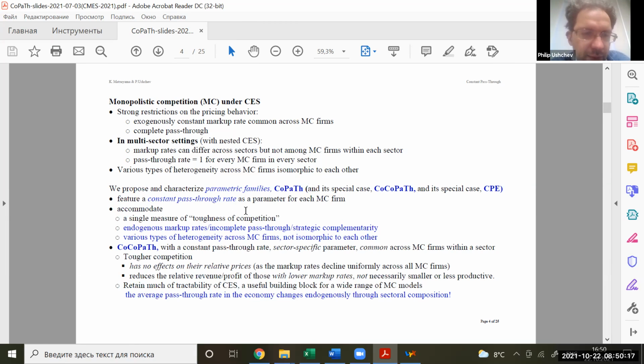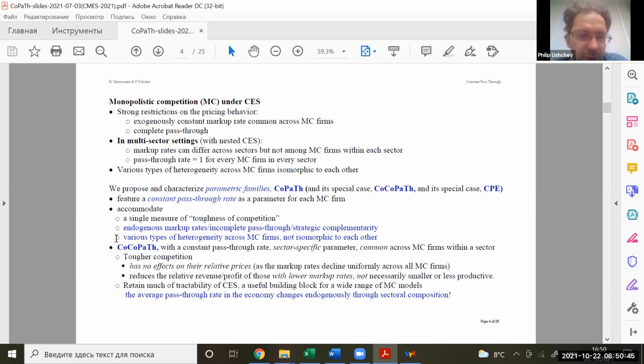These functional forms feature a constant pass-through rate as a parameter for each monopolistically competitive firm, and they accommodate a single measure of toughness of competition. They allow for endogenous markups, incomplete pass-through, and strategic complementarity, which are all features found in the data.